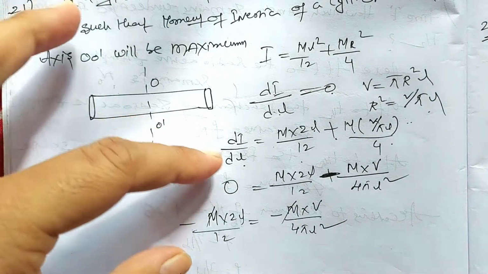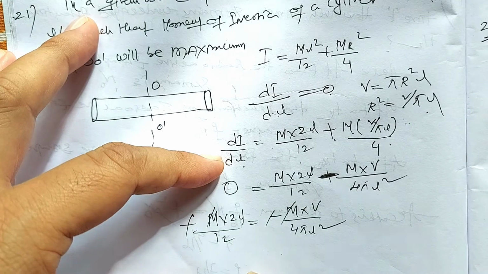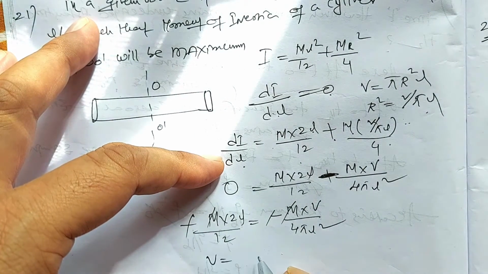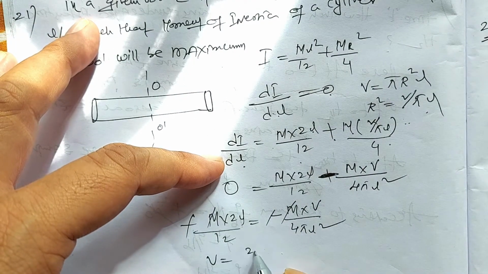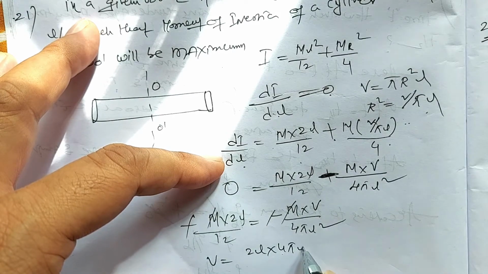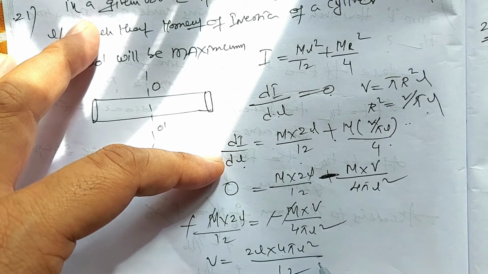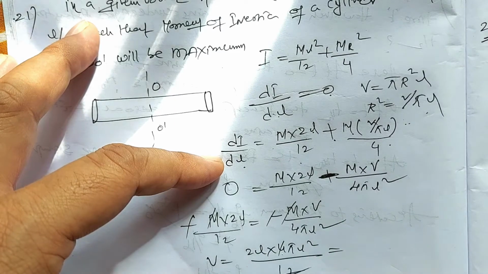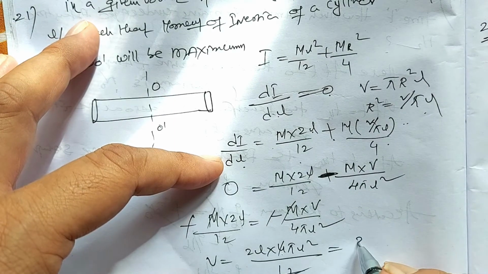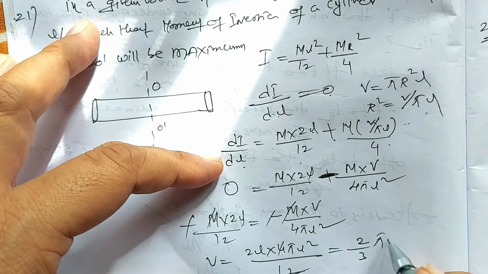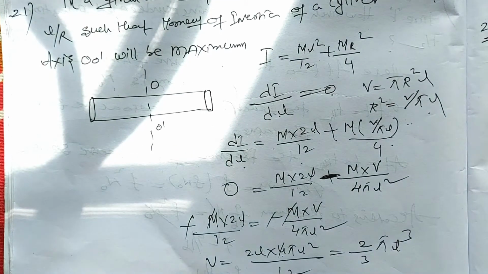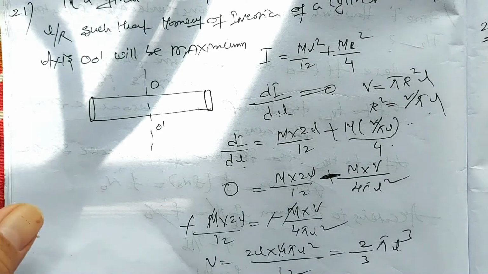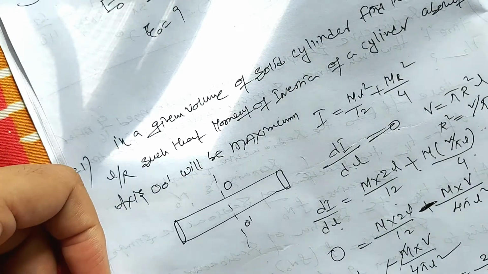Now we find out here minus cancel. So V is equal to 2L into 4 pi L square divided by 12, that is equal to 2 by 3 pi L cube. V is equal to 2 by 3 pi L cube. Okay, right. But what is V here?